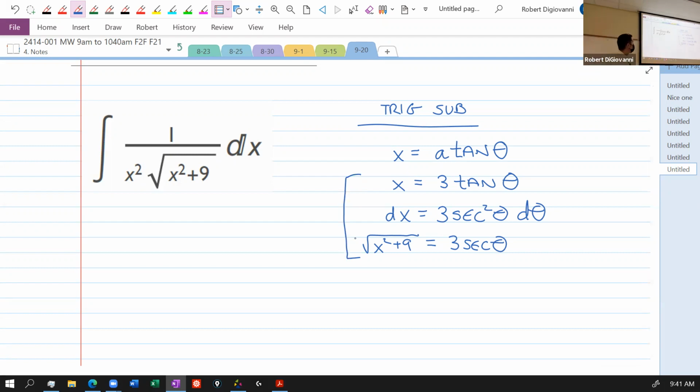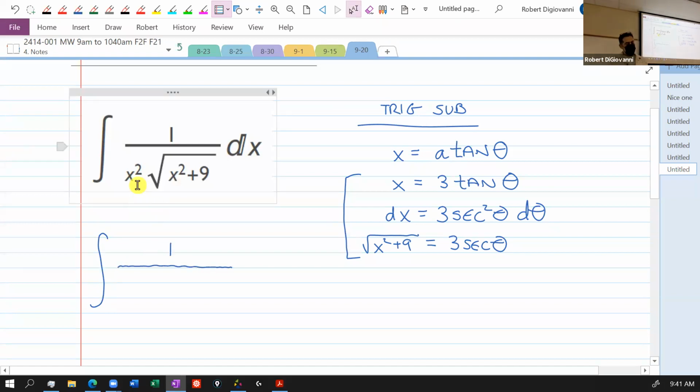And now we just go rewrite the problem in terms of theta. So we will have 1 over x squared, right? X squared is 3 tangent theta squared, which I guess we'll just do 9 tangent squared theta. That's the bottom left corner.